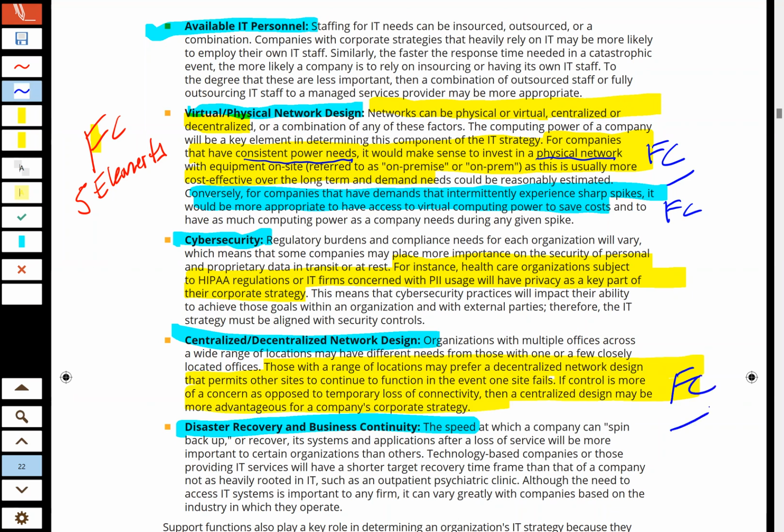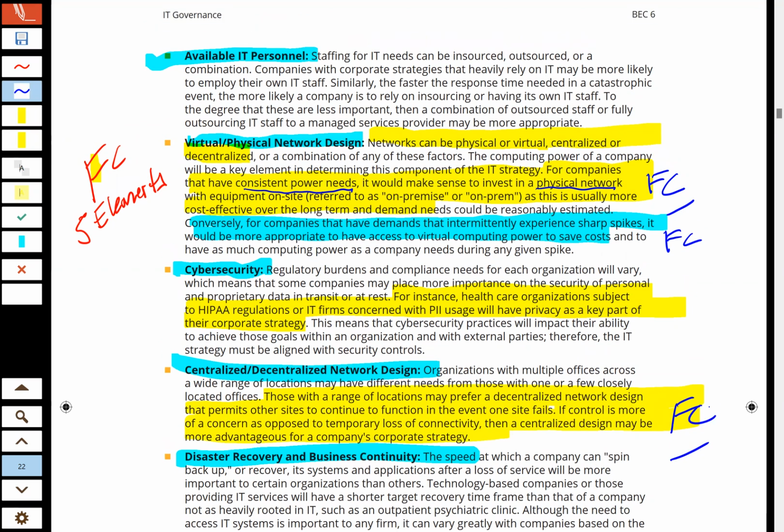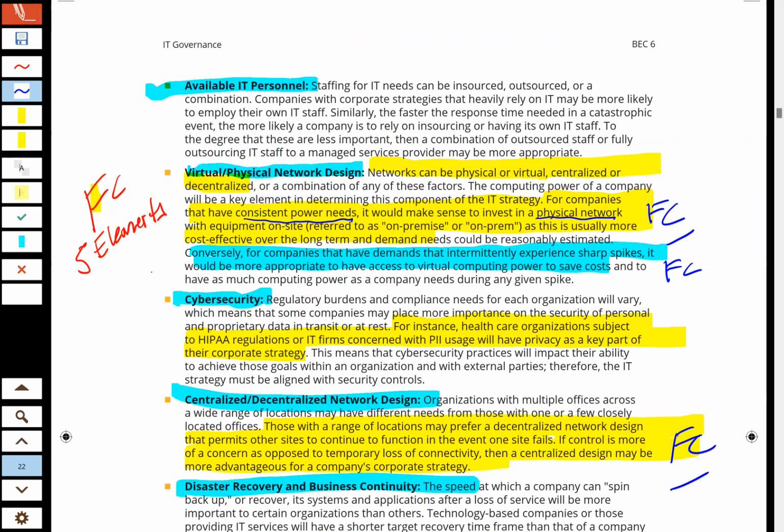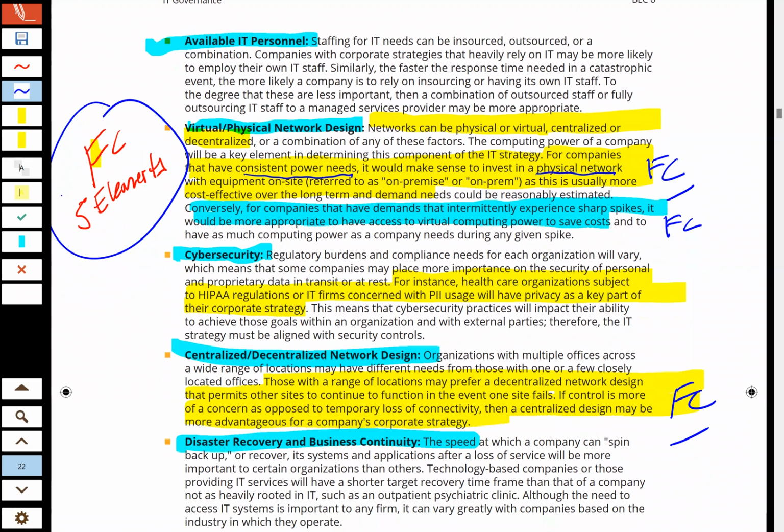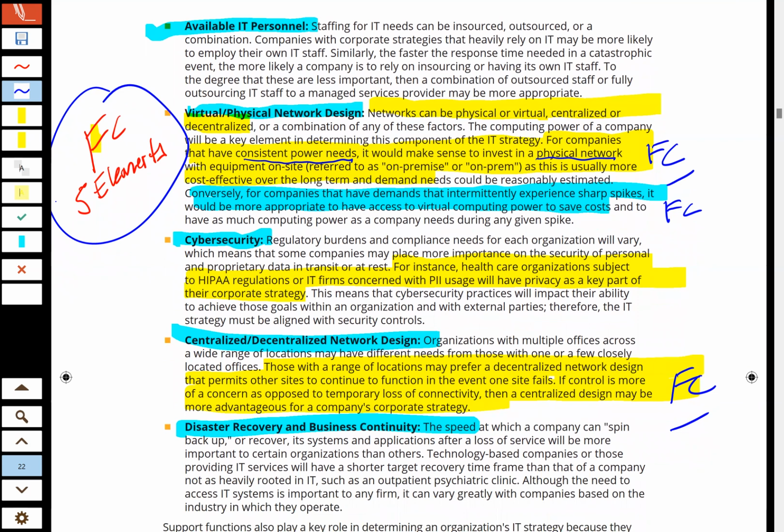Okay, so for these things, we want that 5 elements, high-level flashcard, and then for some of those things that are maybe a little less obvious as to what we're talking about, I've asked you to give some flashcards as to how you would decide between virtual versus physical, centralized versus decentralized.